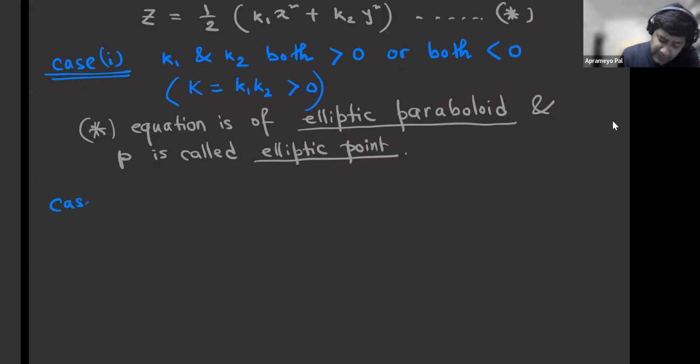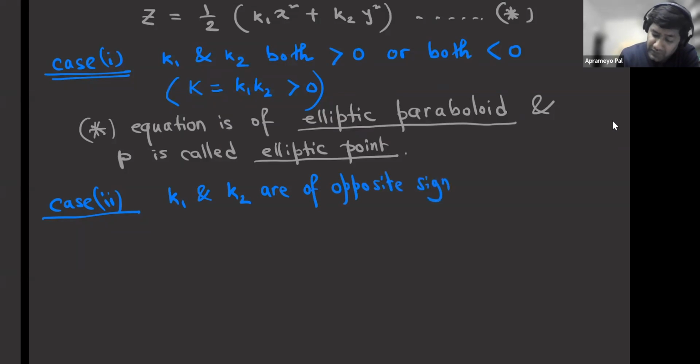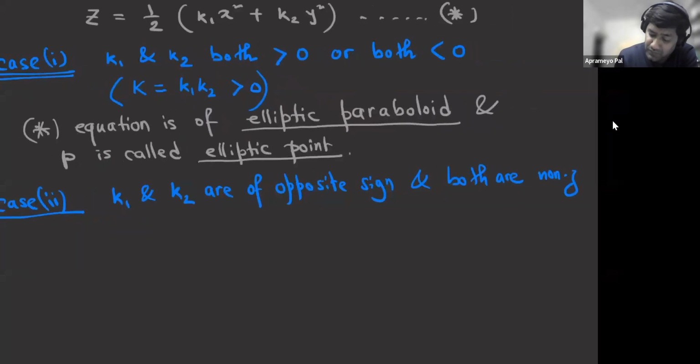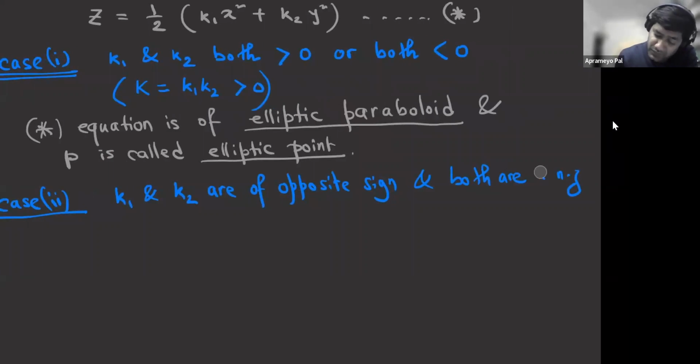Then the next case is K1 and K2 of opposite sign, and both are non-zero.